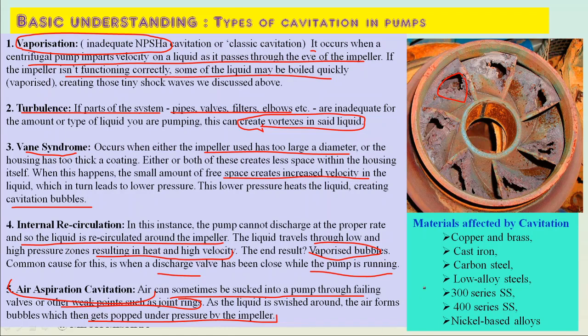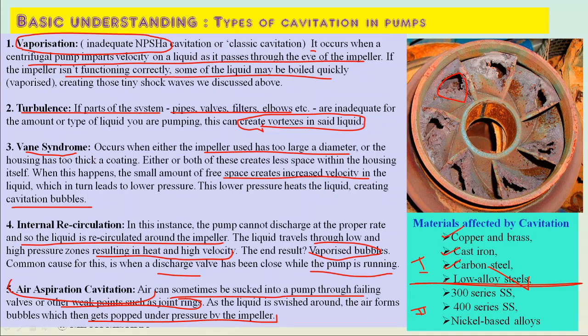Now what are the materials that can be affected by cavitation? Okay, so we will divide it into two parts. Copper and brass are more prone to cavitation, cast iron more prone, carbon steel more prone.